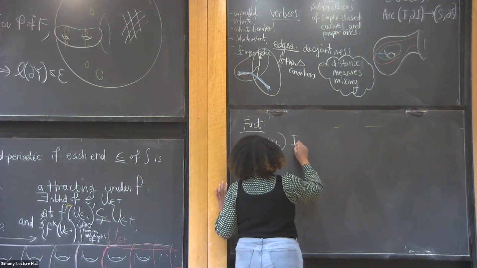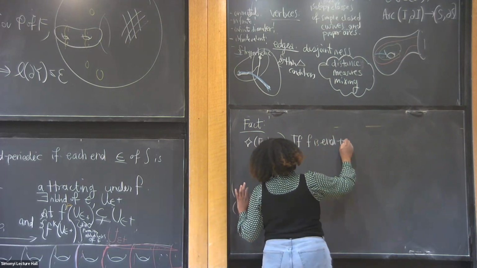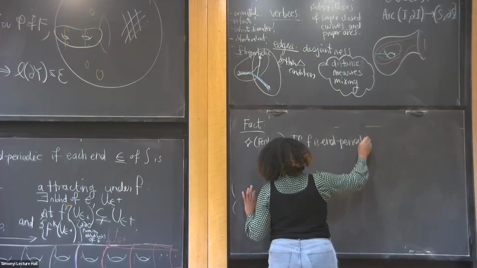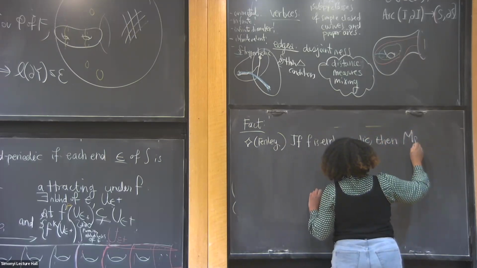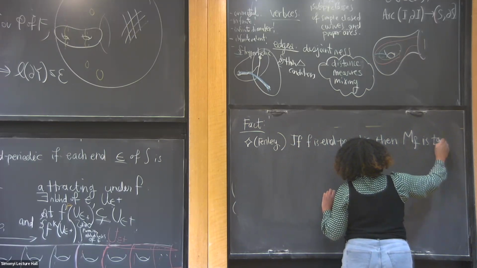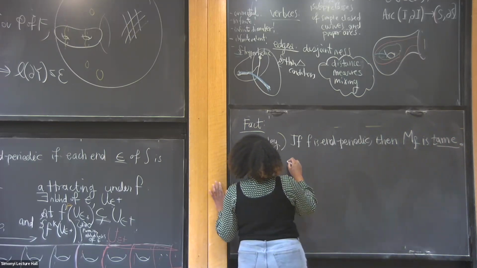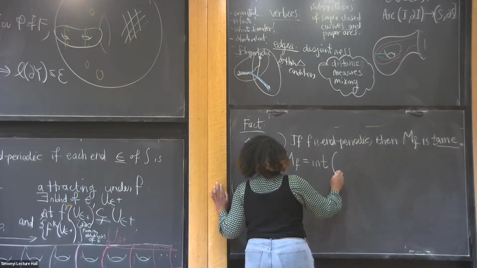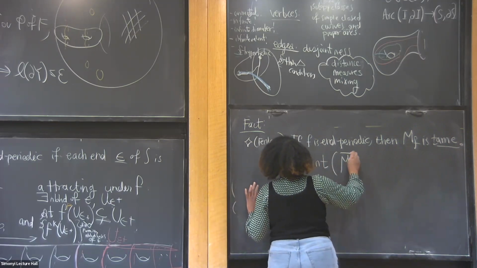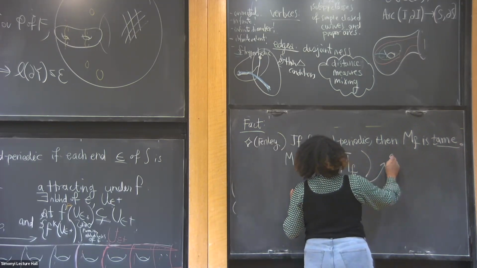If F is end periodic, then its mapping torus is tame. That means it's the interior of some compact 3-manifold, which I'm going to lovingly call M_F bar. This is for the compact 3-manifold.